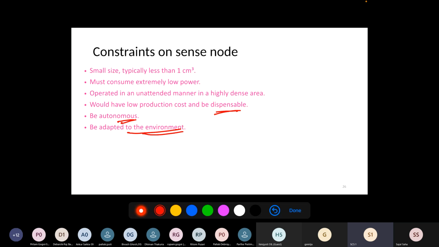So they are putting a huge amount of sensor nodes on the crater of the volcano to get the actual data in terms of pressure or temperature, whatever it may be. It is an extreme weather condition inside the crater, right? So the sensor node has to be adaptive to that. It should not malfunction whenever we put those nodes inside the crater.